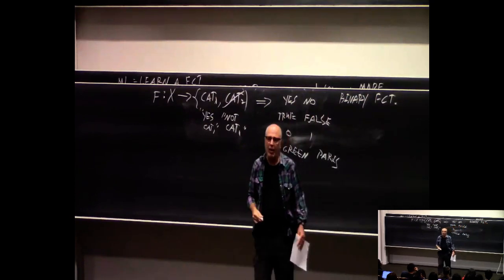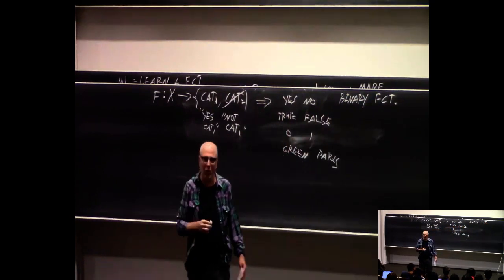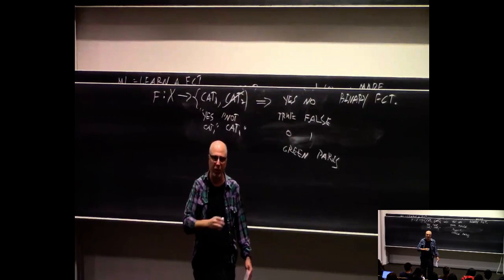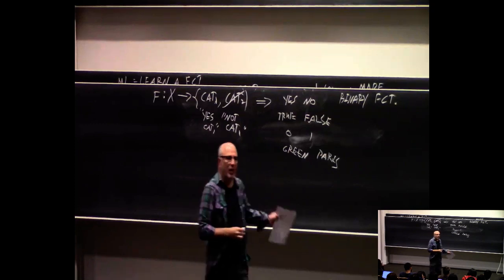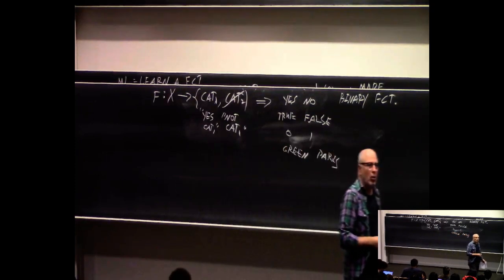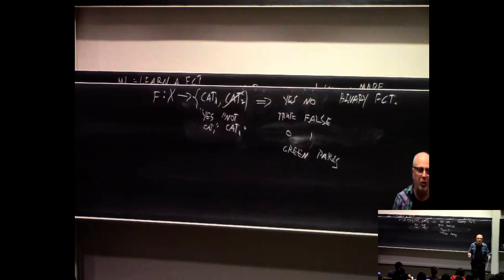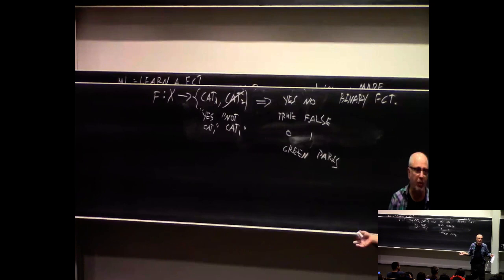And now there are other ways of representing binary functions. I want to go over all of them because I'm going to switch between them all the time. One way of thinking of a binary function is what is the set of all inputs for which the answer is yes. Instead of saying for any input is the answer yes or no, saying what are all the inputs for which the answer is yes.